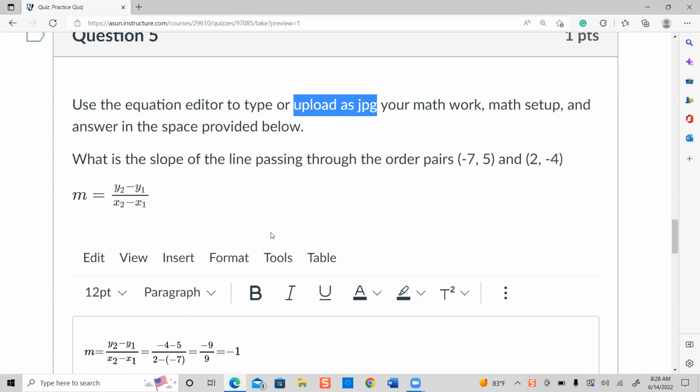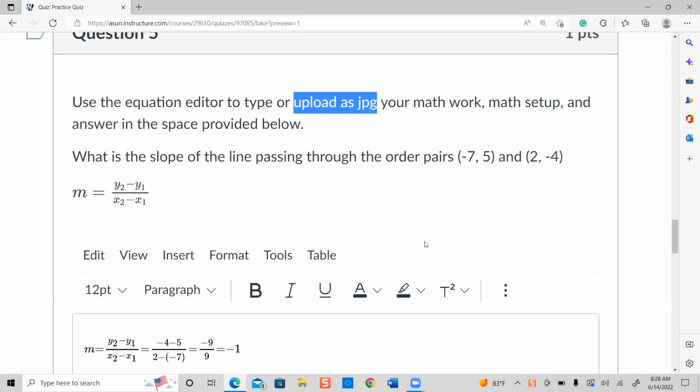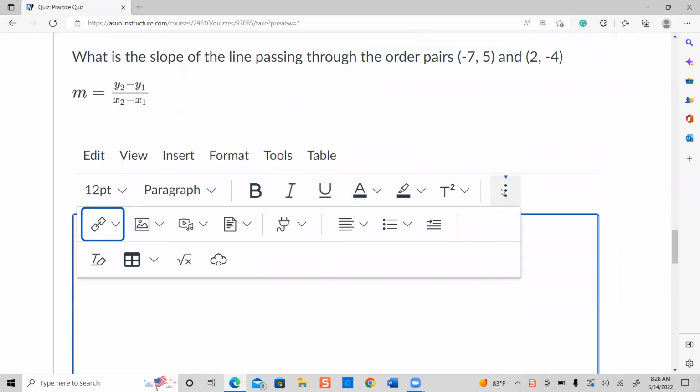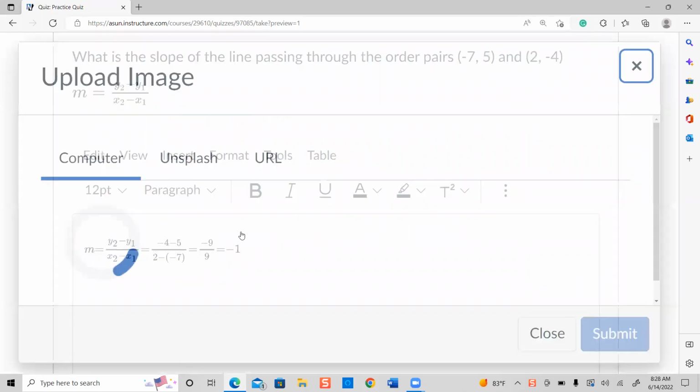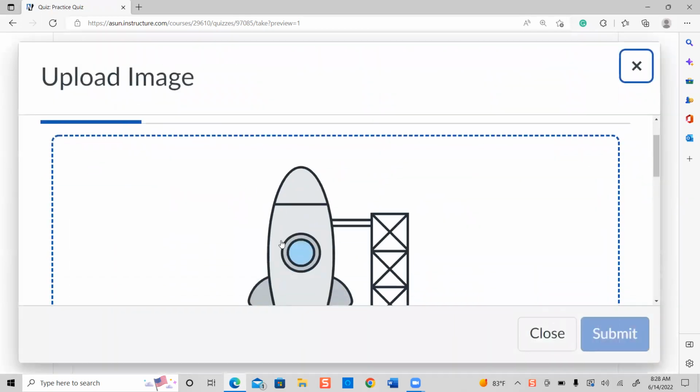Sometimes it gets stuck in cyberspace: your cell phone or tablet will say, hey, it's loaded, and then when you go to the grades page, it didn't load anything. So I strongly encourage you to send it to your computer, load it from there in the pictures file, and then come here to these three dots again, click on the image, and pull it from your computer.